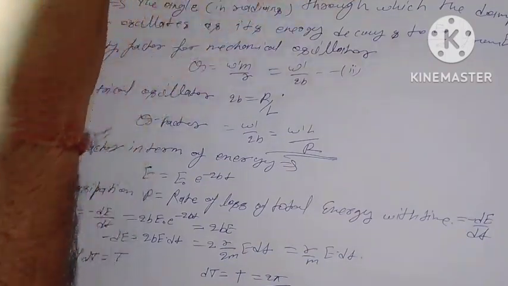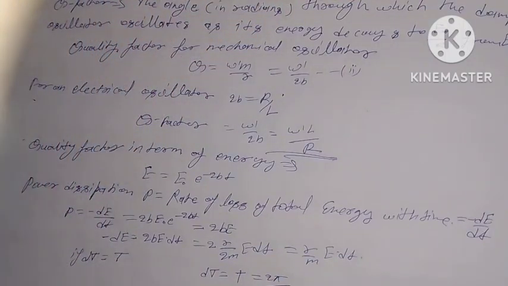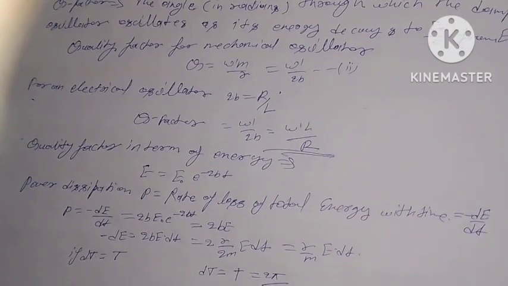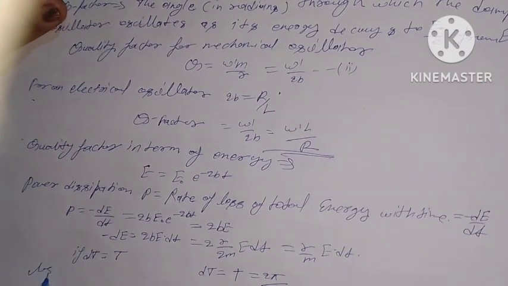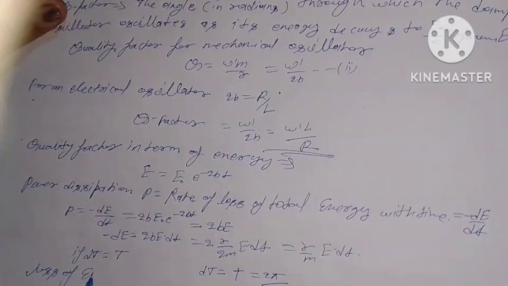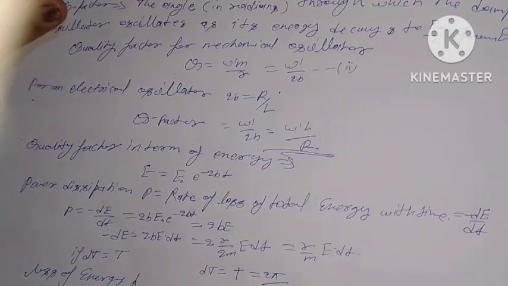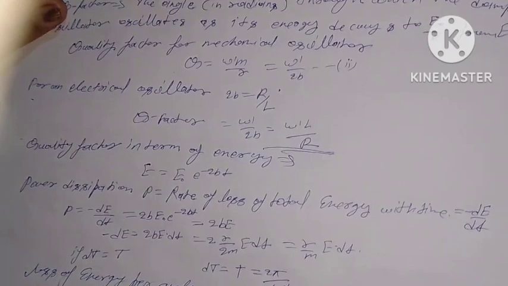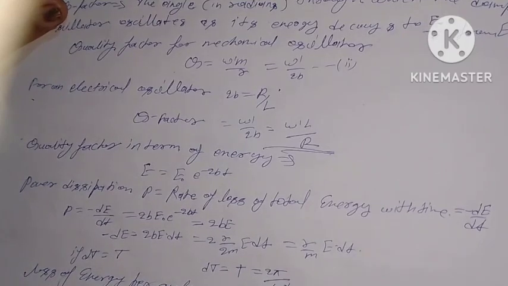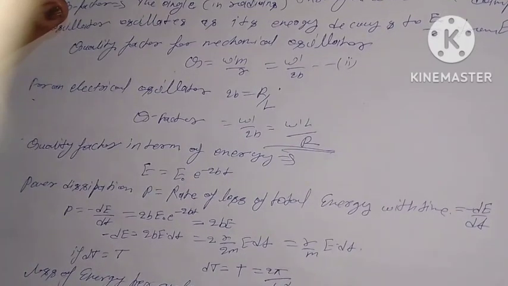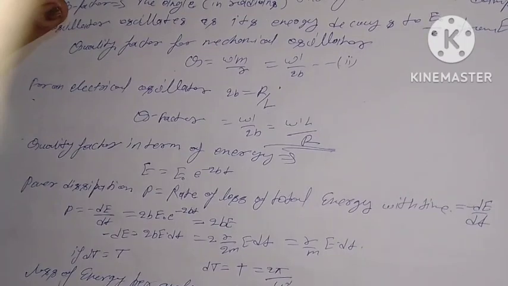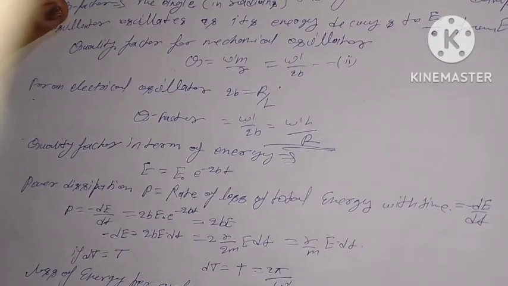Hence the loss of energy during the time of one time period, or loss of energy per cycle, minus dE equal to r by m E T, that is r by m E 2 pi by omega dash.